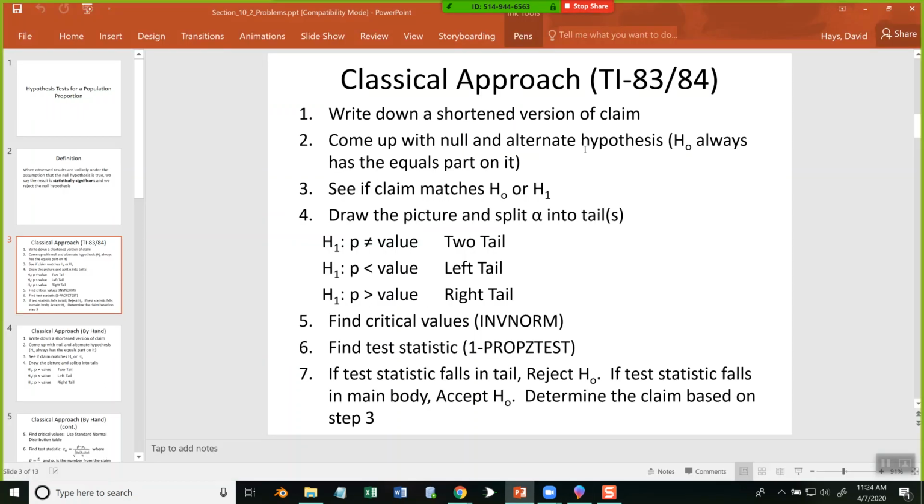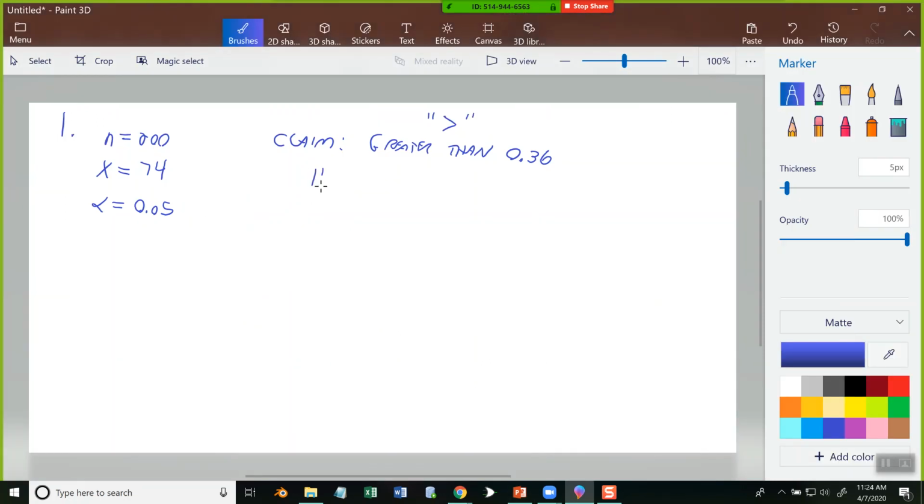Step 2, come up with a null and alternate hypothesis. H naught always has the equals part. This H naught right here is our null hypothesis. This H1 is called the alternate hypothesis.